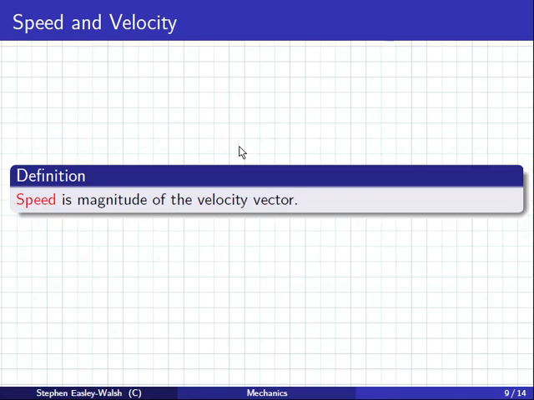Speed is the magnitude of the velocity vector. Okay, you got that?